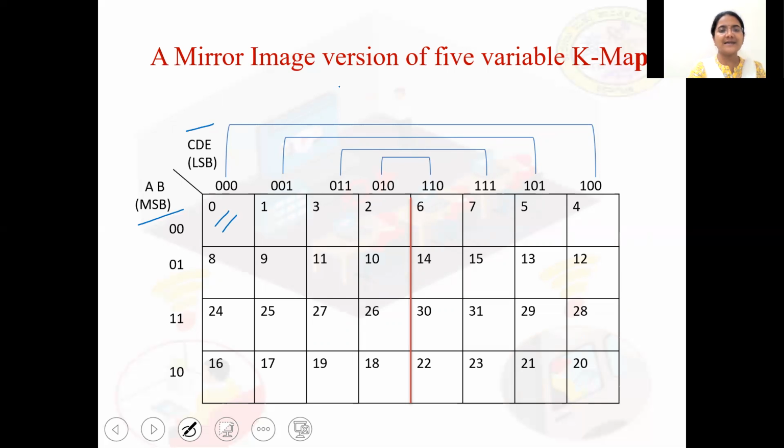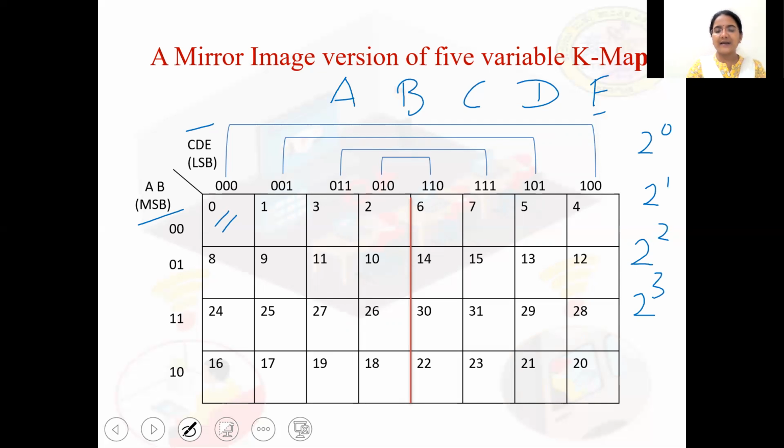Where A, B, C, D, E, we are having 5 variables, for example, and E will be having 2 power 0, D will be having 2 power 1, C will be 2 power 2, B will be 2 power 3, and A will be 2 power 4.